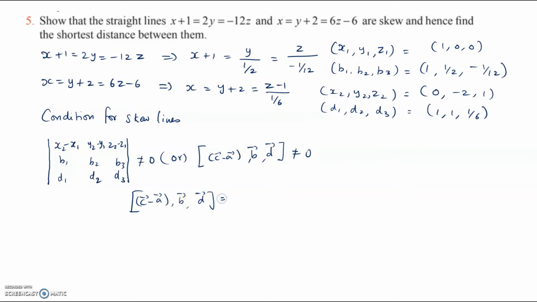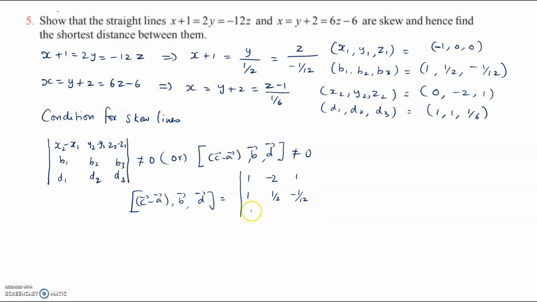So this determinant, which is c minus a, b, d, is equal to, substituting the values, x2 minus x1: 0 minus the x1 should be minus 1 here, so 0 minus of minus 1 will be plus 1. Similarly, we have y2 minus y1 as minus 2 and z2 minus z1 is 1. b1, b2, b3 are 1, 1 by 2 and minus 1 by 12.